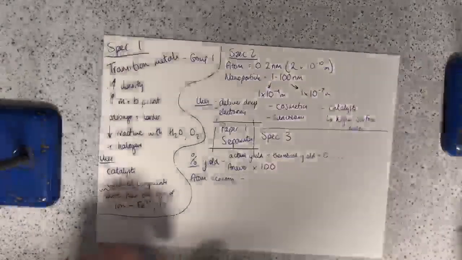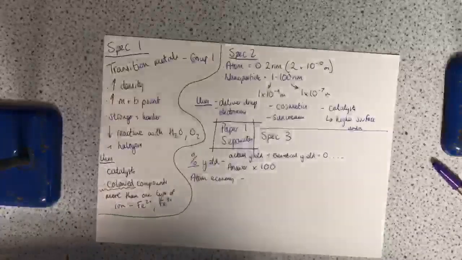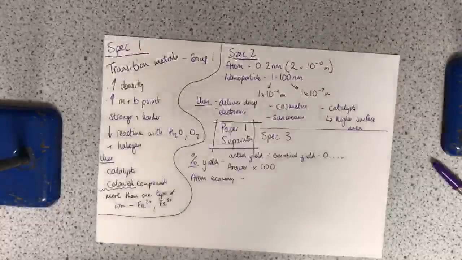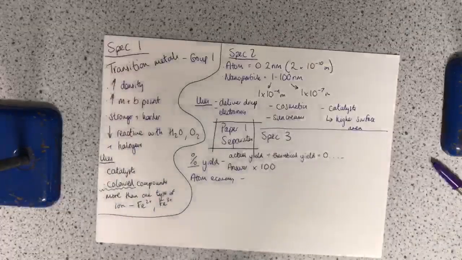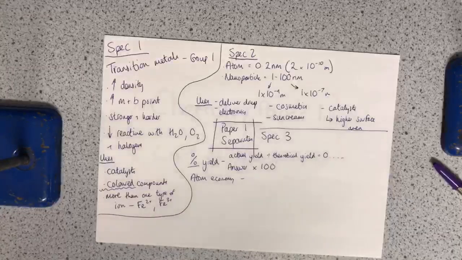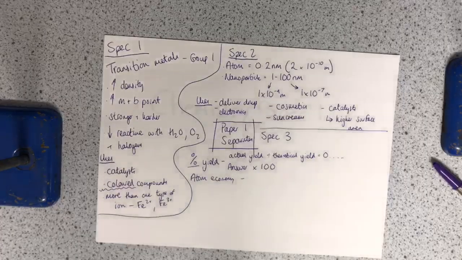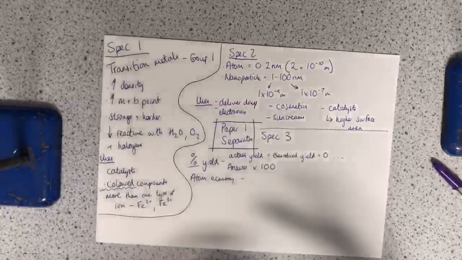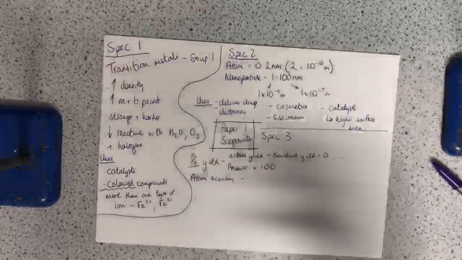Now for atom economy, it's all about working out how efficient a certain reaction is at producing a desired product. So you might be wanting to produce, let's say you were looking at photosynthesis, and it was all about how much glucose was being made during photosynthesis. You'd look at reactants and products and pick out the one that you want and then make a comparison.